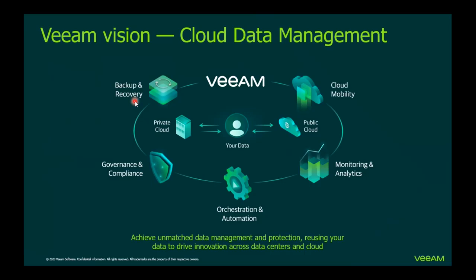For those who are aware of the Veeam Backup and Replication portfolio, this is the main product which does backup and replication of your environment, which includes physical infrastructure, virtual infrastructure, as well as cloud infrastructure. This is the main console wherein you configure all your backup policies. And on the right-hand side is cloud mobility, which is our topic today. I'll talk about this in detail in the coming slides, what exactly it is.